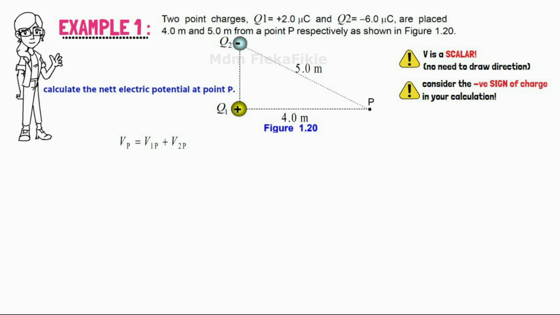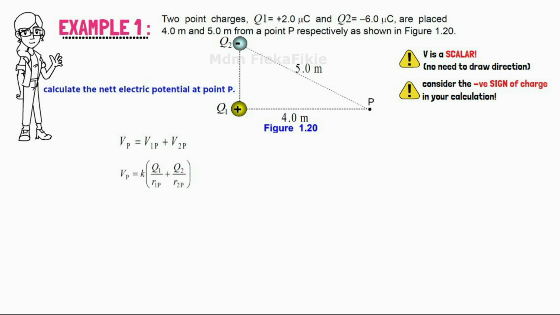Formula V is equal to KQ over R. So kita kena kira lah V1P, KQ1 over R1P, di mana R1P adalah jarak antara point P dengan charge Q1. And V2P pula kita substitute KQ2 over R2P. R2P jarak antara point P dengan charge 2, di mana soalan dah bagi 5 meter.